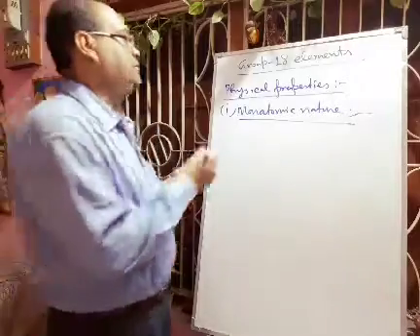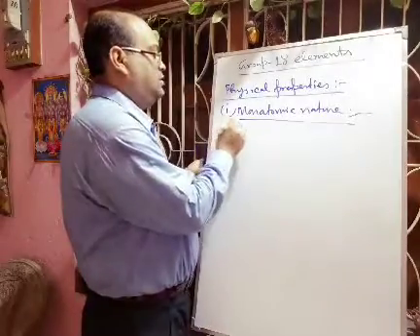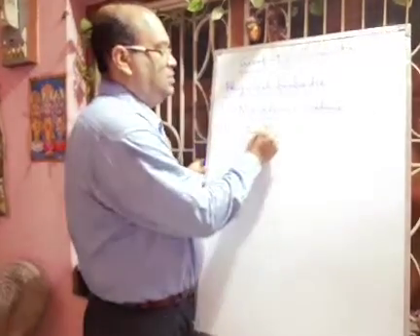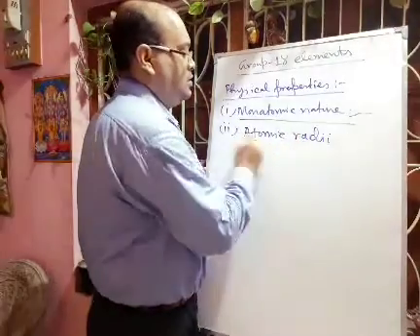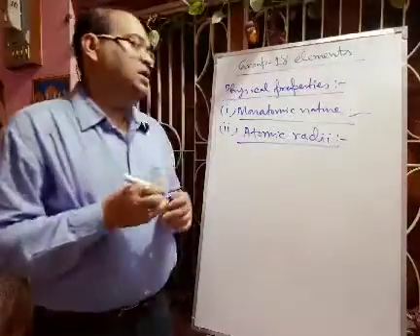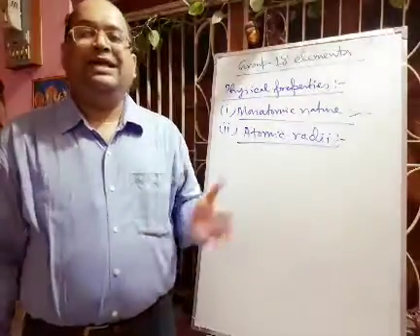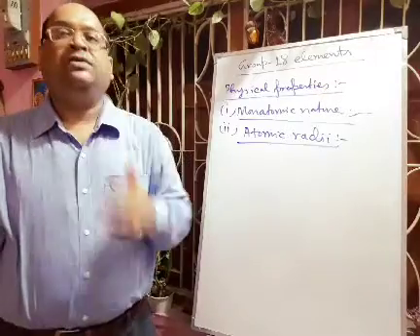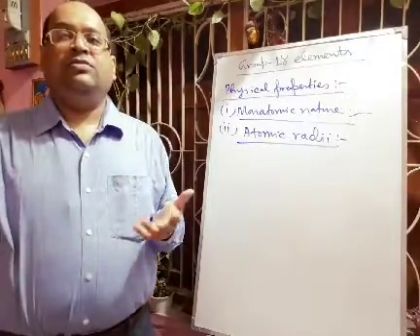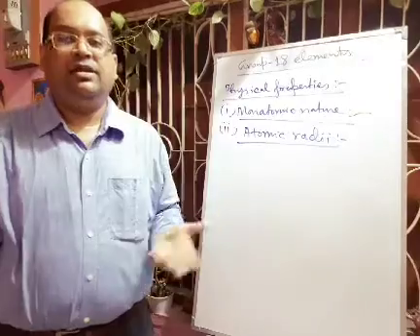Next we will discuss the atomic radii. Now the noble gases have the maximum atomic radii in their respective periods. This is because atomic radii in case of noble gases are actually van der Waals radii.